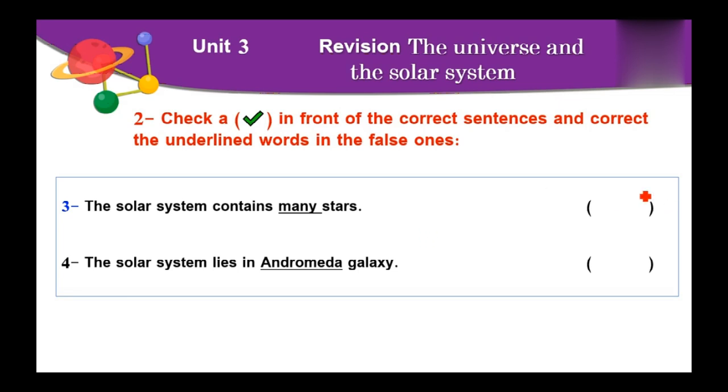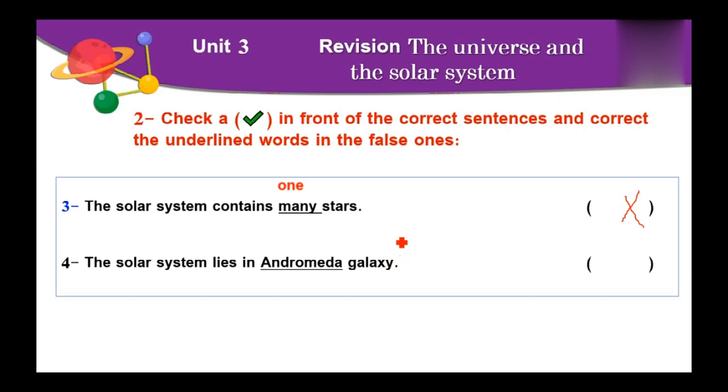This statement is wrong. How many stars are in solar system? Only one star. That is called sun.